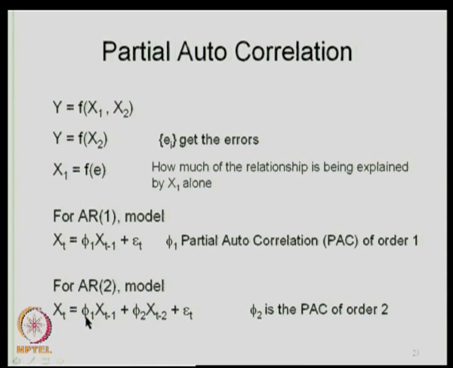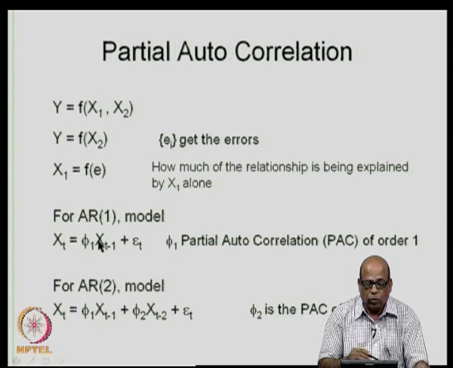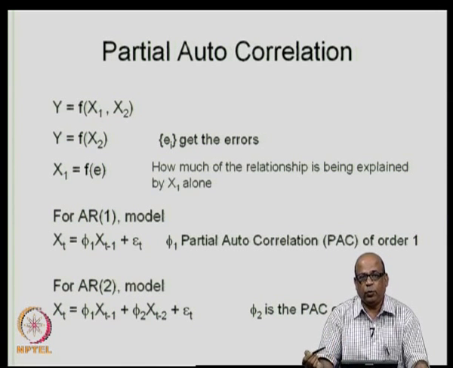If you want the partial autocorrelation of order 1, look at the AR1 model, the phi 1 of the AR1 model is the partial autocorrelation of order 1. If you want phi 2, or the partial autocorrelation of order 2, you write the AR2 model, and the phi 2 that you write here for the AR2 model is in fact the partial autocorrelation of order 2.